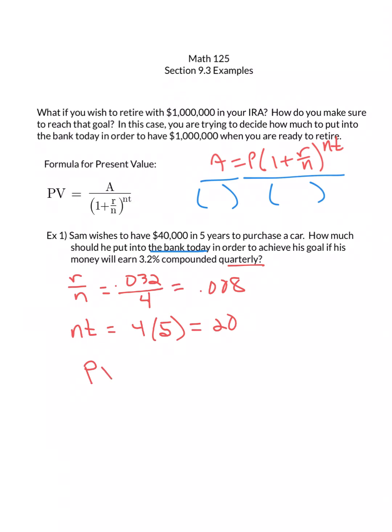If we put all this together and put it into the formula, our goal amount is $40,000. So that's the A. A is always what you want to have down the road in the future. In the denominator, we would do 1 plus 0.008 and then raise it to the 20. 1 plus 0.008 is just 1.008.